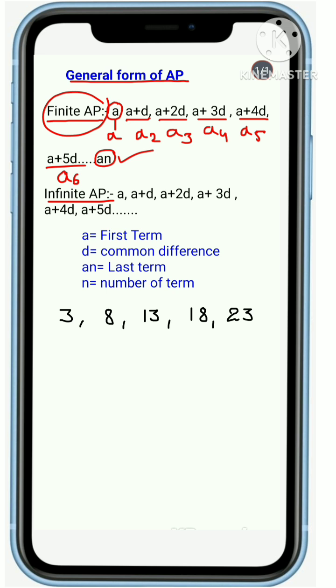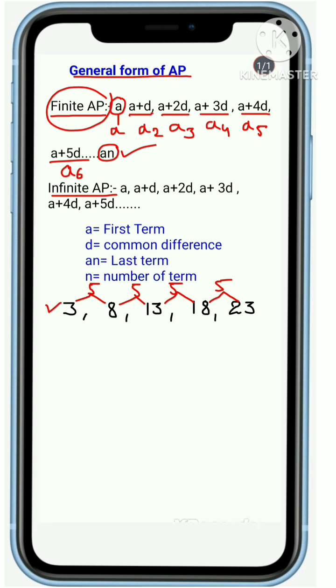Just okay, difference between 3 and 8 is 5. Similarly, difference between 8 and 13 is also 5, and difference between 13 and 18 is also 5, and difference between 18 and 23 is also 5. In this way, here we came to know the difference between each term is constant or same, so we can say it is an AP, right?